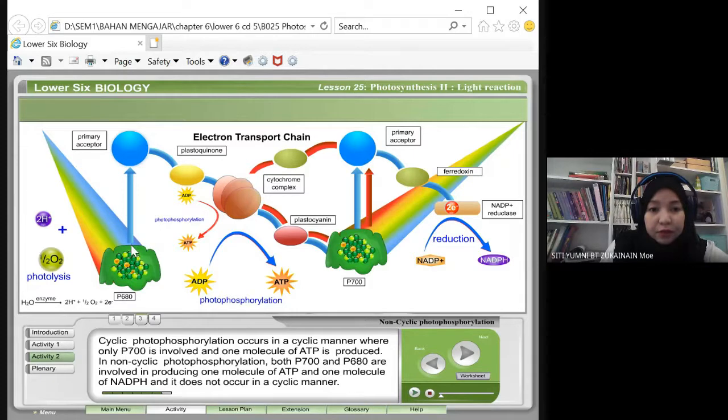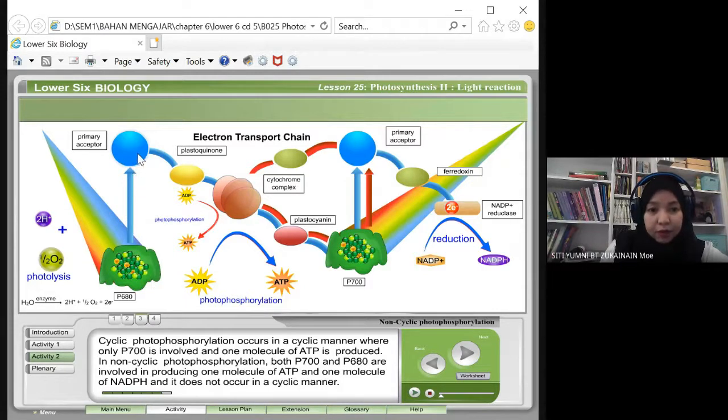Both photosystem 1 and photosystem 2 are involved in producing one molecule of ATP and one molecule of NADPH. And it does not occur in a cyclic manner. So this is the comparison between cyclic photophosphorylation and non-cyclic photophosphorylation.